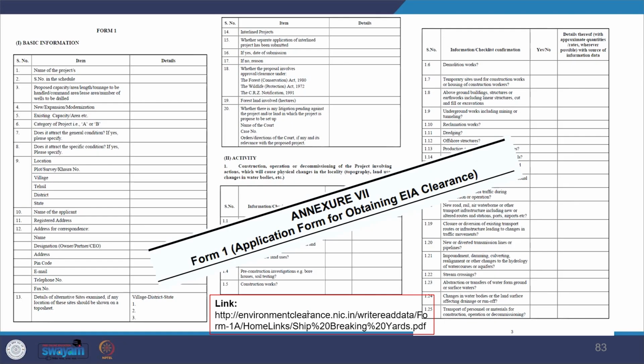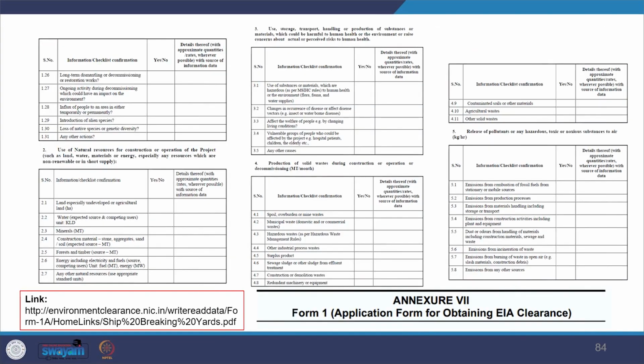And then you see what kind of natural resources are used for construction and operation of the project, use of storage, transport, handling, or production of solid waste during construction or for operational decommissioning, and then the release of pollutants, any hazardous, toxic or noxious substance to air.